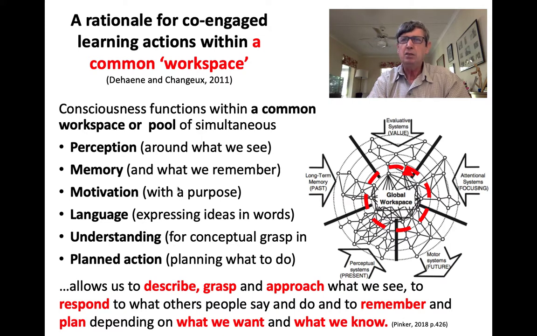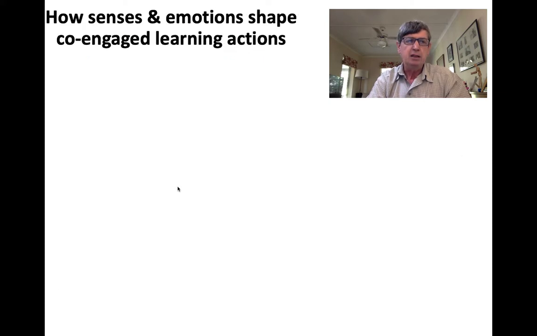So this global workspace is a space for active learning, individually and in the company of others. And if we take this into the cognitive science work on the senses and the emotions, these shape our learning actions.